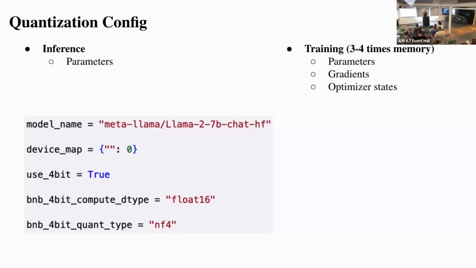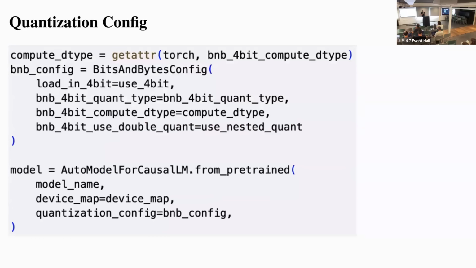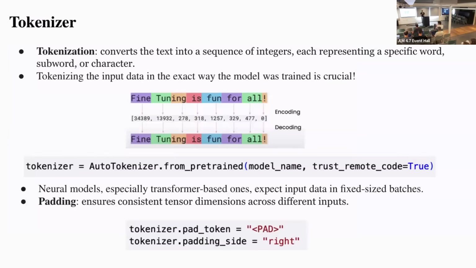So keep it in your mind to leave room for the training. And this is very easy in the code. You have the BitsAndBytesConfig, you initialize it with all of the configuration. And then we use AutoModelForCausalLM from_pretrained. We give it the model name, device map, and the BNB config.